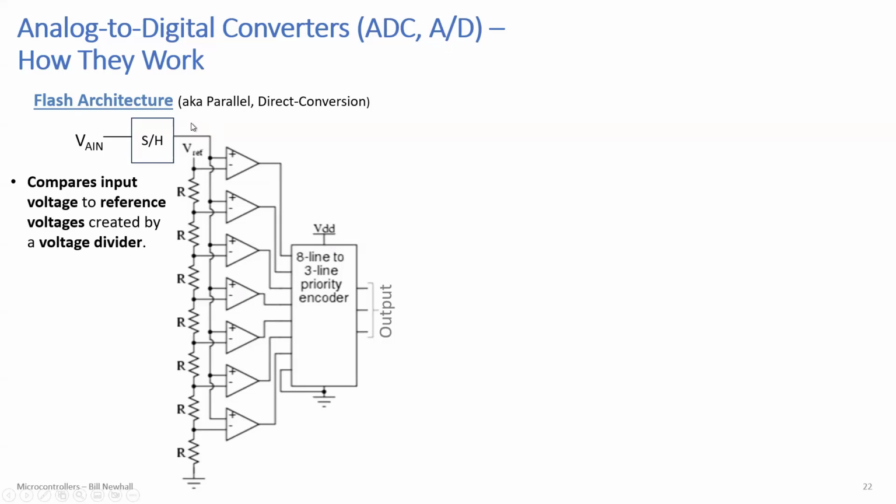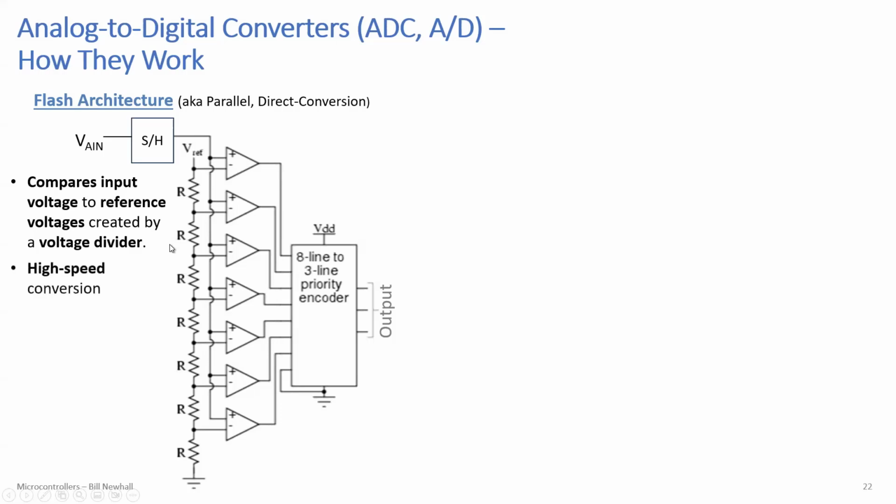And so this might be a linear distribution, just a regular uniform distribution of voltages here, against which we're comparing the input voltage. And then you can use this voltage to figure out, well, what should the output be? And this is this 8 input to 3 output encoder, which is going to give you the digital value here. So that's going to be a 3-bit output.